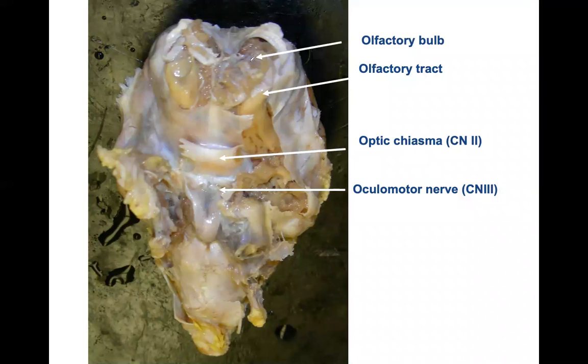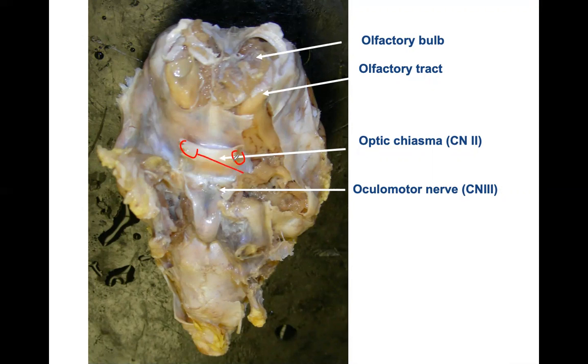Looking from underneath, you have the extensions right in front of the brain. Basically, these extensions are your olfactory bulb and olfactory tract, what we depicted in the previous picture for the humans. Going a little bit farther down, you have this area. So these little extensions right here and right here, these are your optic nerves.